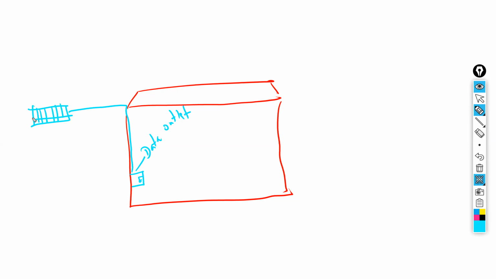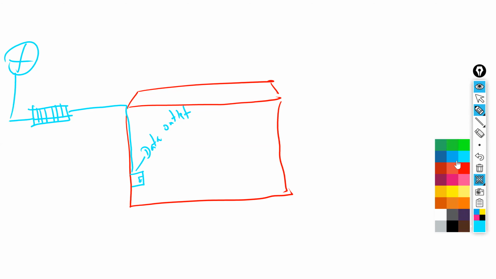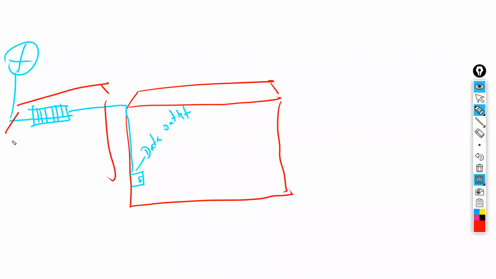This switch is connected to some router, assuming that this switch belongs to another building, but there's a cable somehow coming to this building. At the moment this building has only one cable, only one connection.